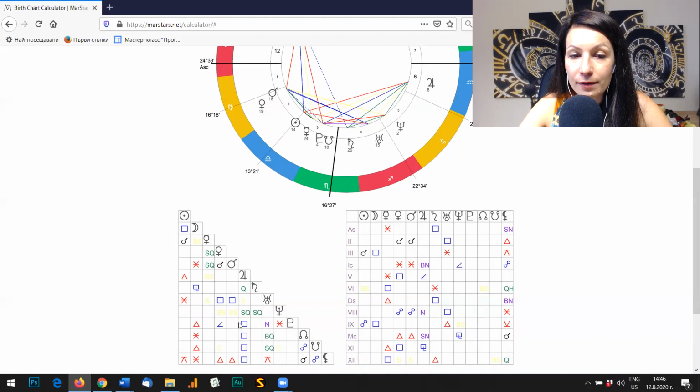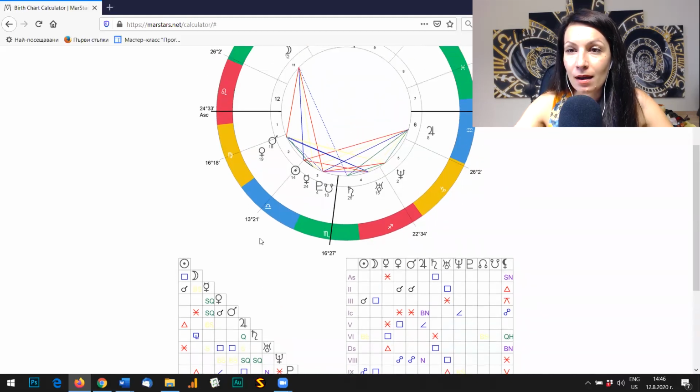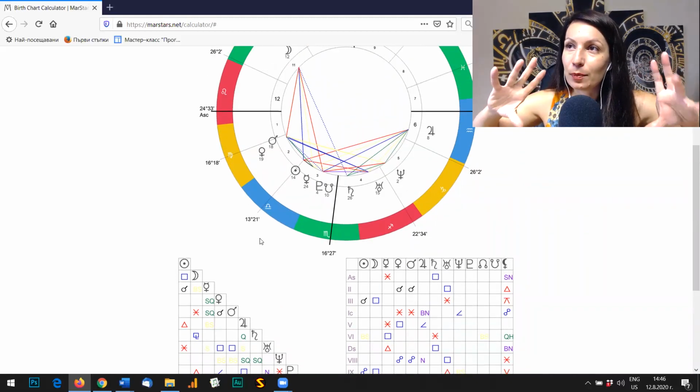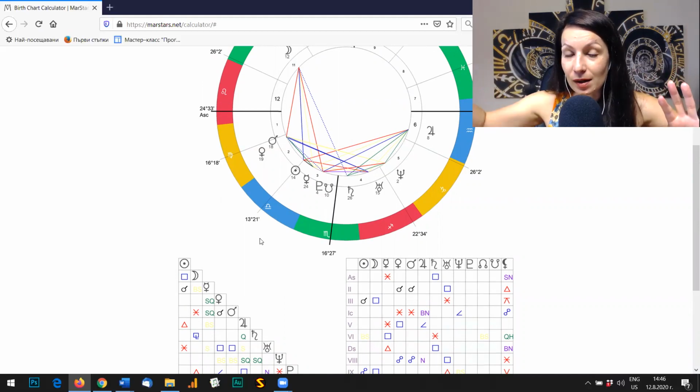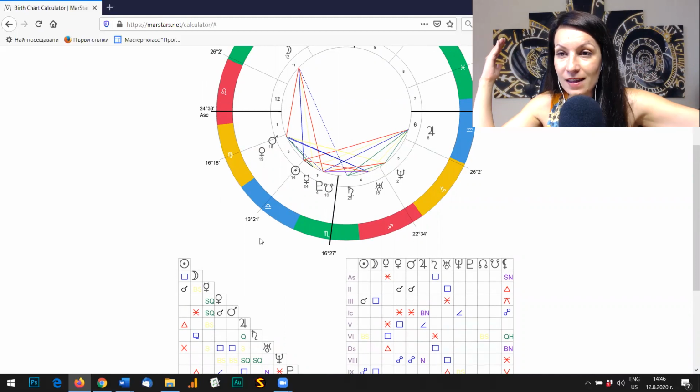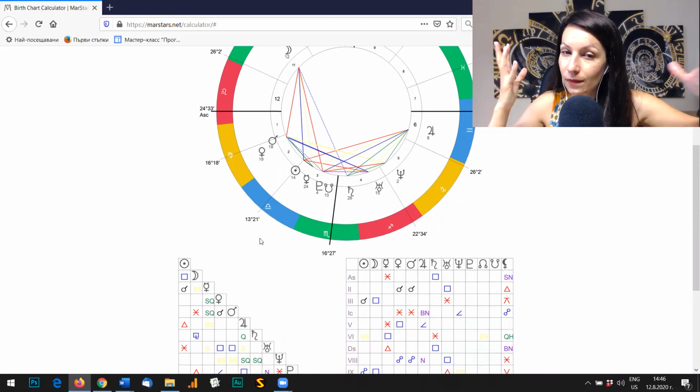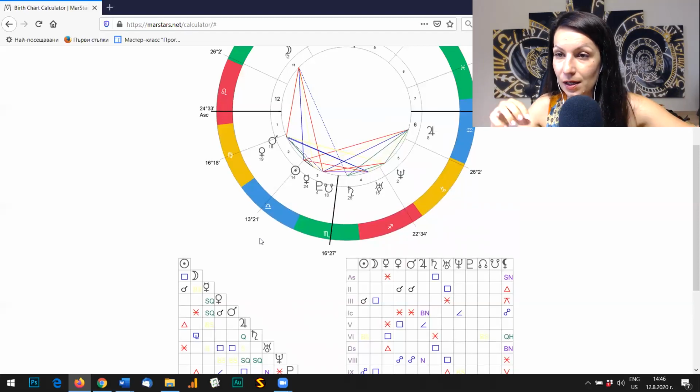Also, we have a square with Jupiter. It means that it's like the person works hard on something or spends a lot of time to create something in this area, and then they can destroy all of it. That's kind of typical for Pluto-Jupiter challenging aspects.